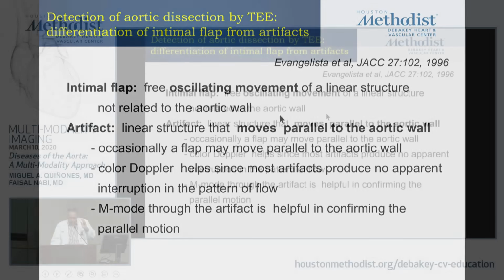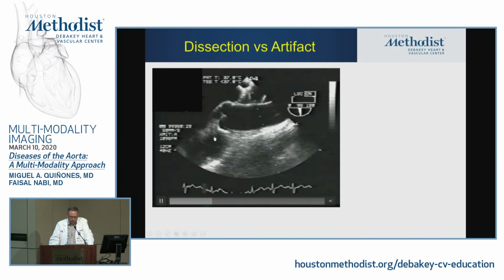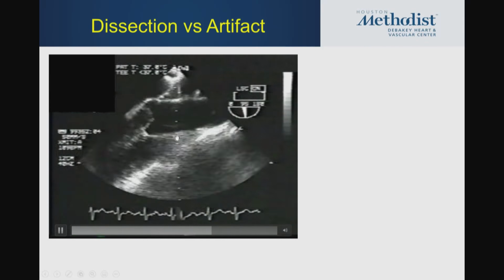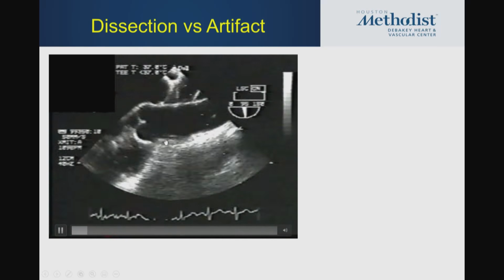So a very important paper that was published by a Spanish group in Barcelona back in '96, they did a beautiful job showing that reverberations move parallel with the walls of the aorta. So you look at this and you go, oh, wow, that's a dissection? I mean, first look, it's very scary, very concerning.